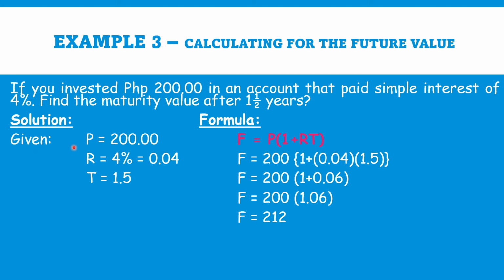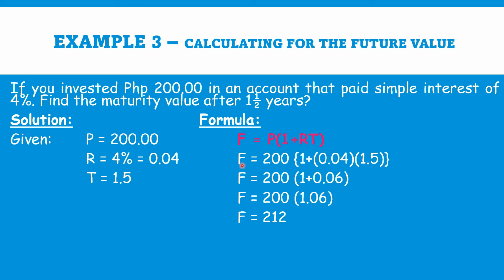Given the principal is 200, the rate is 4% or 0.04, and the term is 1.5. To find the future value, we need to use the formula F is equal to P times the quantity 1 plus R times T, or future value is equal to the principal times the quantity of 1 plus rate times time.